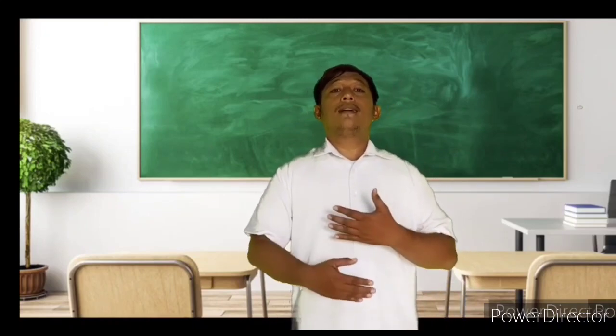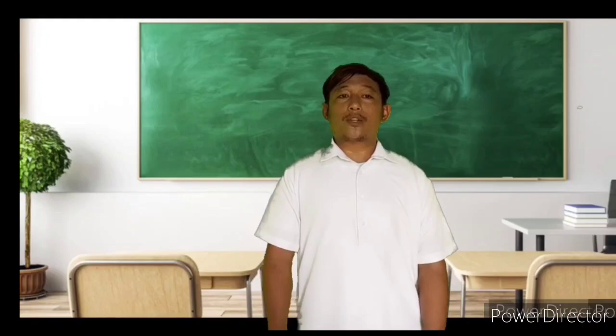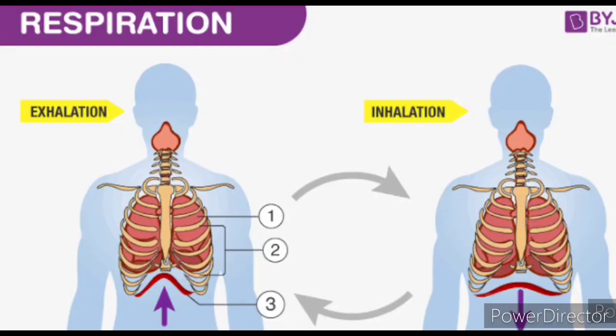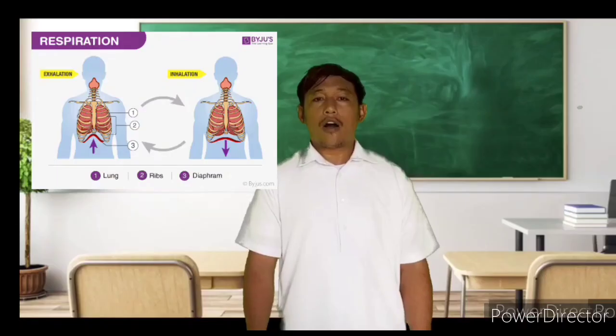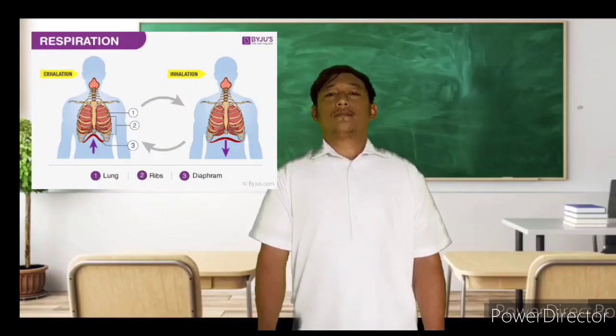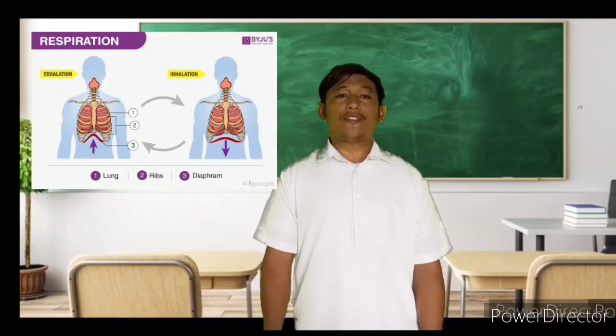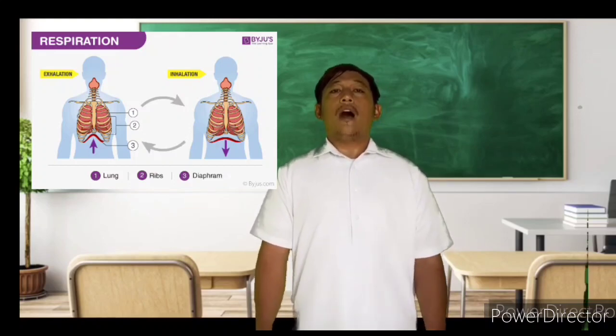Plants, animals, and humans breathe the air around. Breathing is a part of a process called respiration. Living things take in oxygen from the air and give out carbon dioxide.